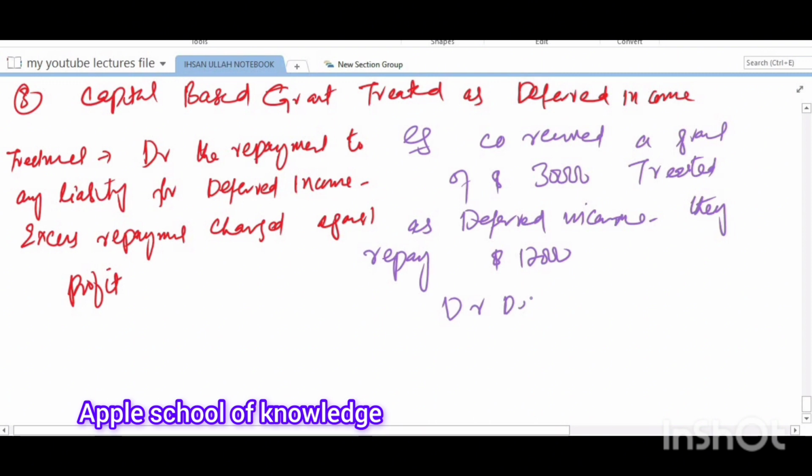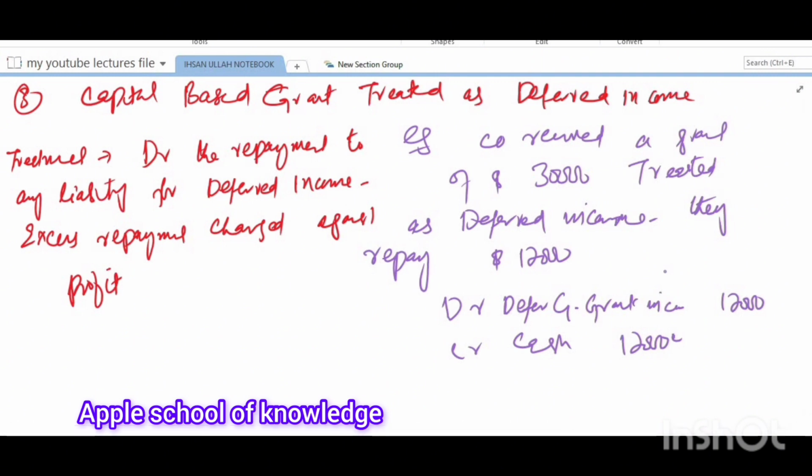So debit deferred government grant income by how much? 12,000, and credit will be cash 12,000. Okay. Now we have just completed the standard, and now let's move on to do one question from the book.